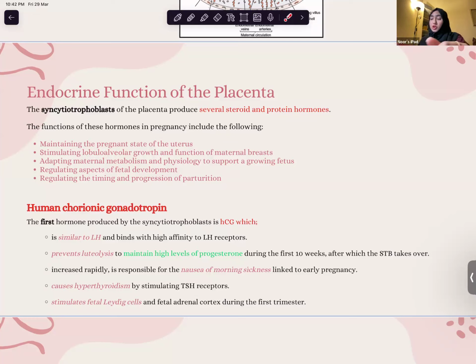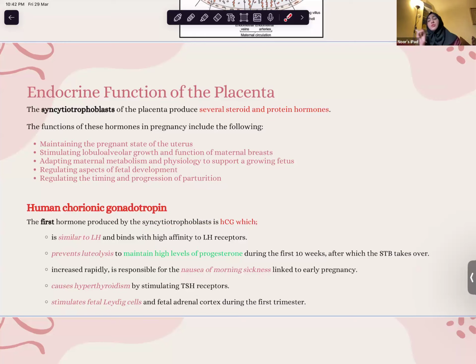The first hormone of the placenta is human chorionic gonadotropin, and this hormone is basically produced by the syncytial trophoblast. And when is this HCG released?